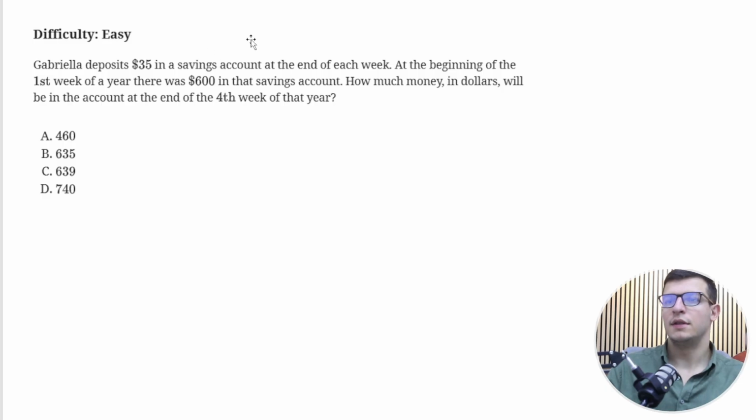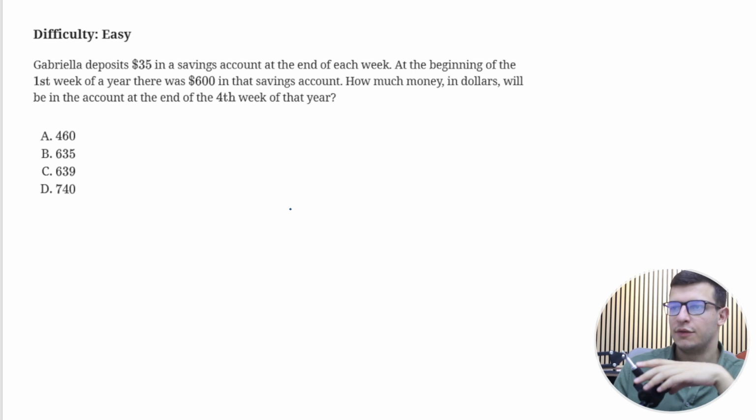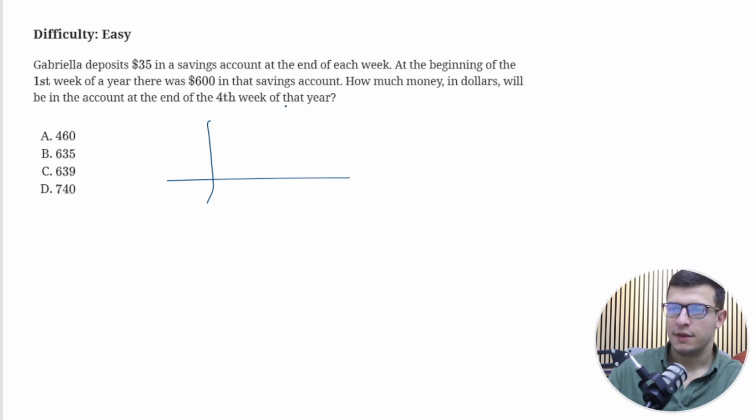Gabriela deposits $35 in a savings account at the end of each week. At the beginning of the first week of the year, there was $600 in the savings account. How much money in dollars will be in the account at the end of the fourth week? So, not that we need a graph, but at the beginning we have 600, right?